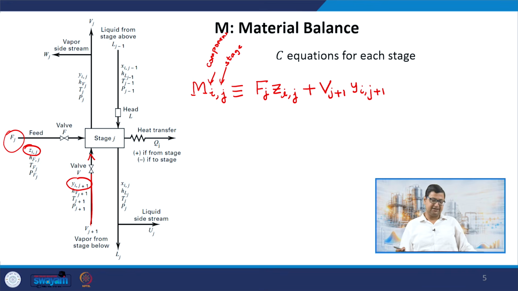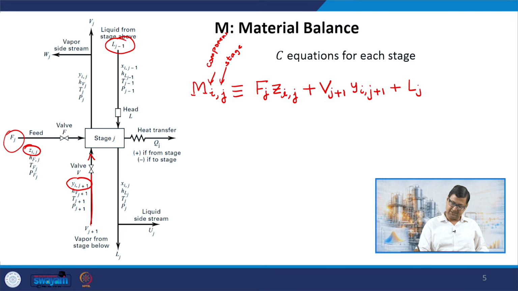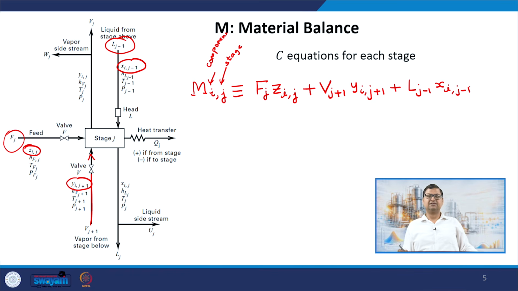So these are entering, and of course a liquid also enters from the top, so that has to be Lj minus 1 and the corresponding mole fraction is Xi j minus 1. We use the notation X for the mole fractions in the liquid phase, Y for the mole fraction in the vapor phase, and Z for the feed, because the feed can be a combination of liquid and vapor.